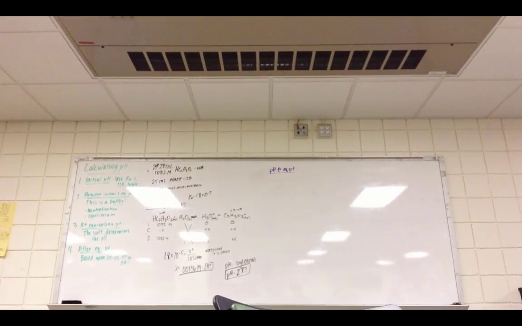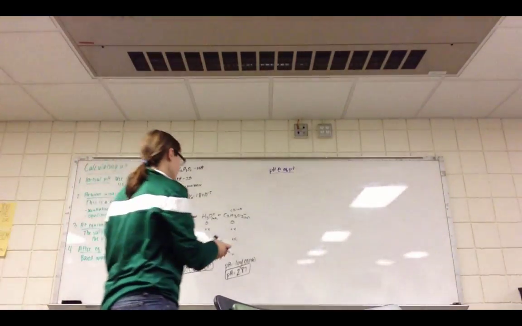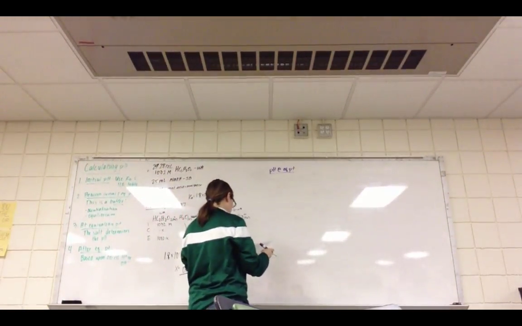If it's a strong base, weak acid titration, where should our pH be, roughly, at the equivalence point? Above 7, right? Somewhere above 7, because strong wins. Strong base means at the equivalence point it's going to be basic, and that's because your salt is basic. You have a basic salt that you're forming at the equivalence point.